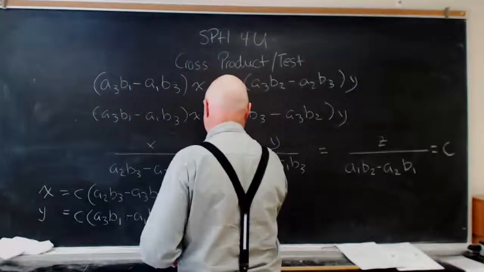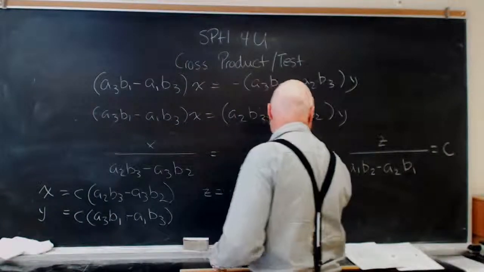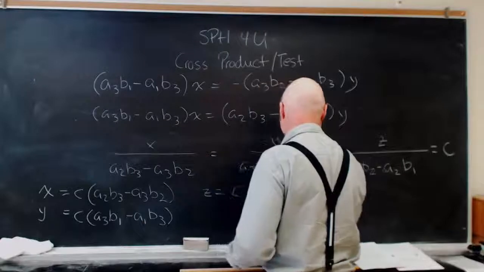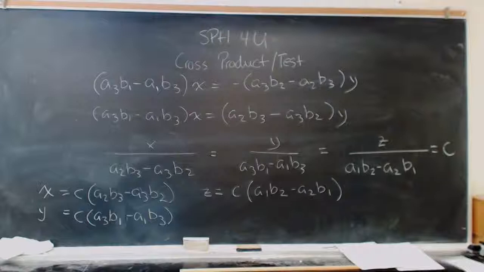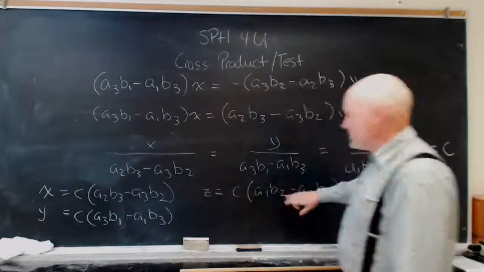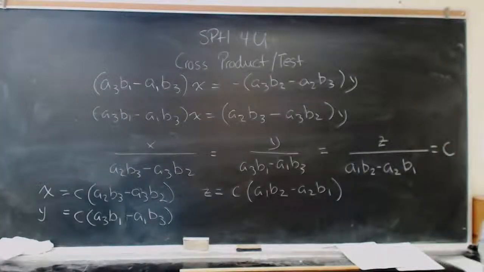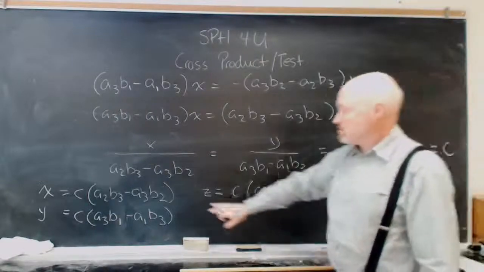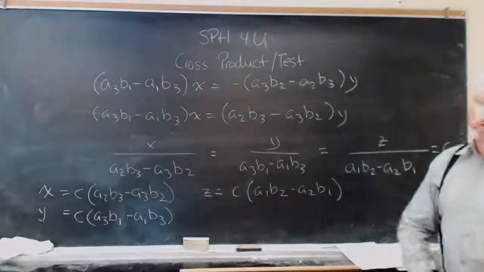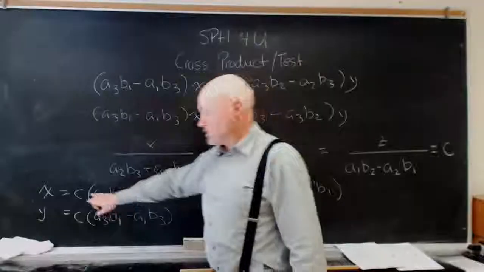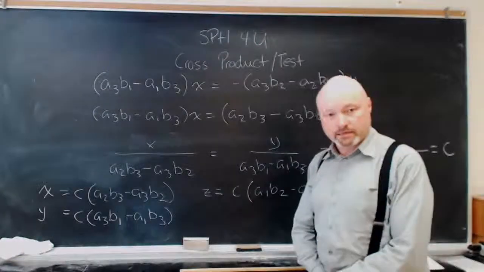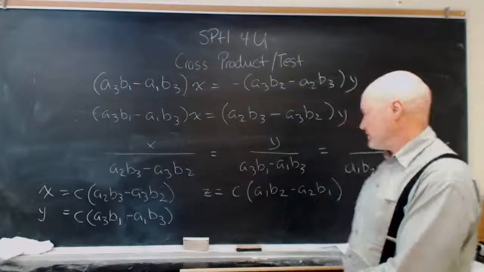We can see that z is equal to C times A1B2 minus A2B1. So we actually have something that's telling us exactly what our x, y, and z coordinates are relative to the coordinates of those first two vectors, okay? And it's just being multiplied by whatever constant we like, C. It doesn't matter how long that vector is, it's still going to be perpendicular.